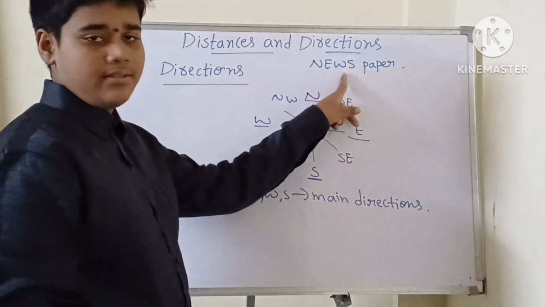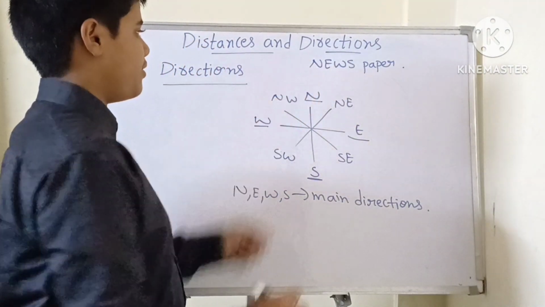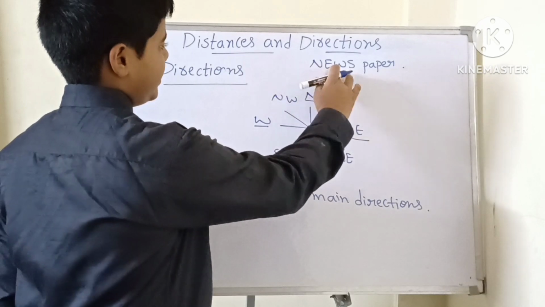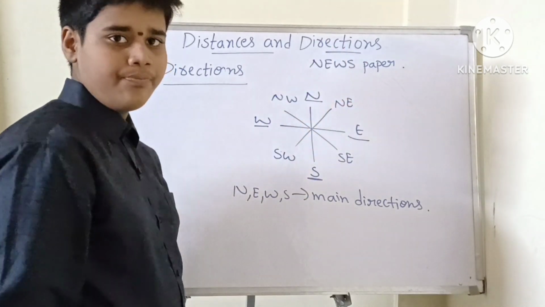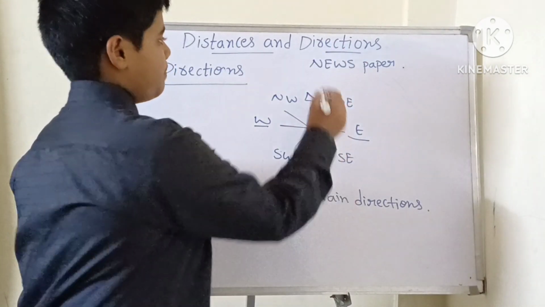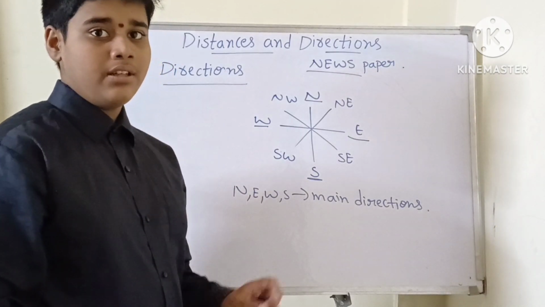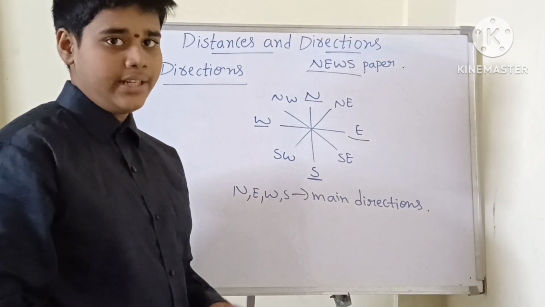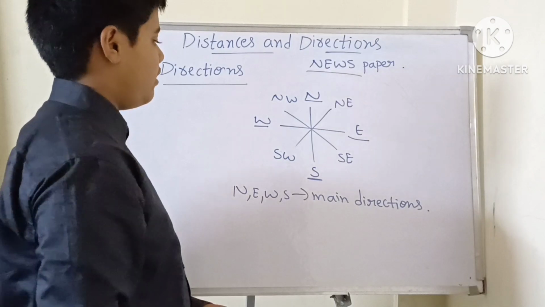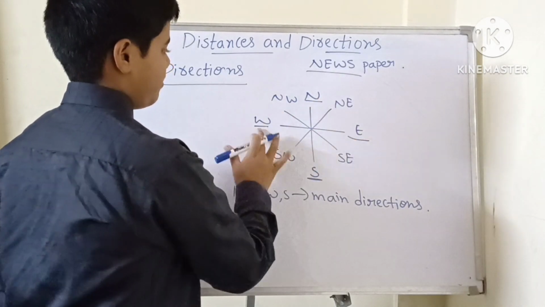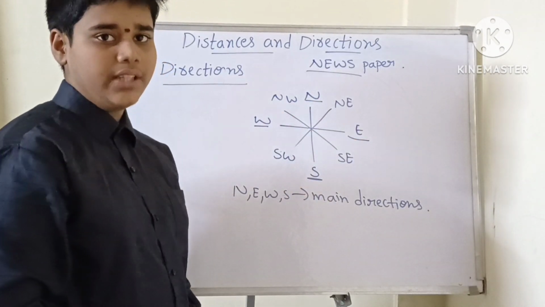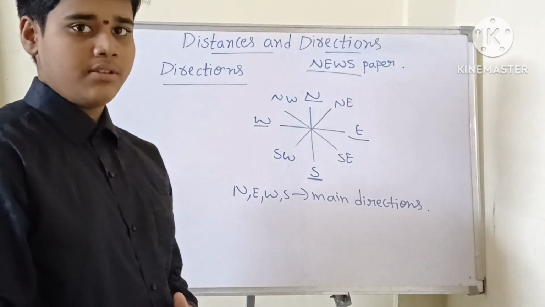So news means north, east, west, south. Newspaper: that means what is going on in India, in which locations, north, east, west, south. So that is newspaper. Okay.